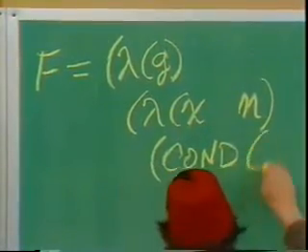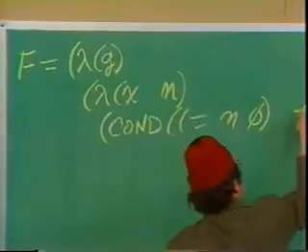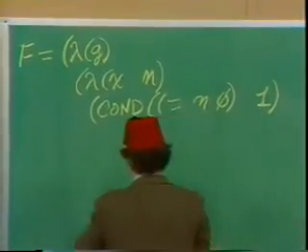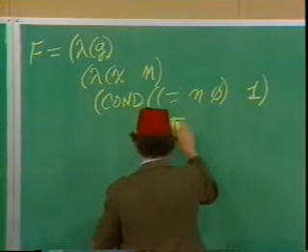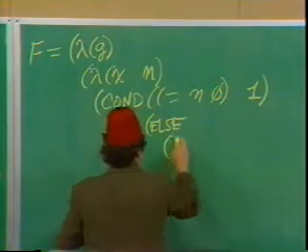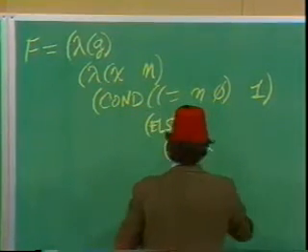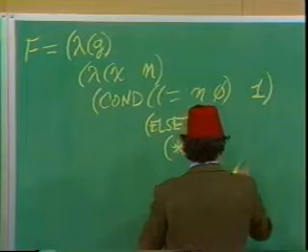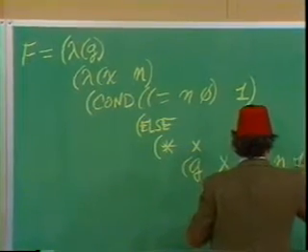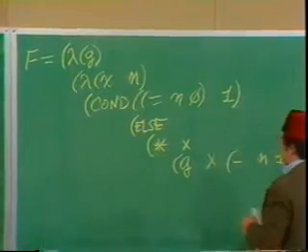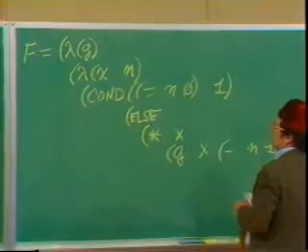if n is 0, then the result is 1. Otherwise, the result is the product of x and g applied to x and n minus 1.